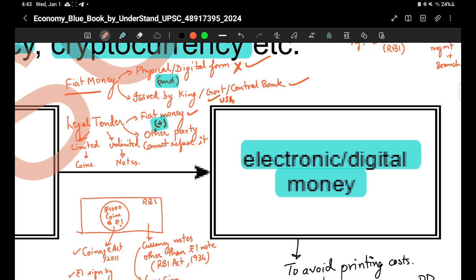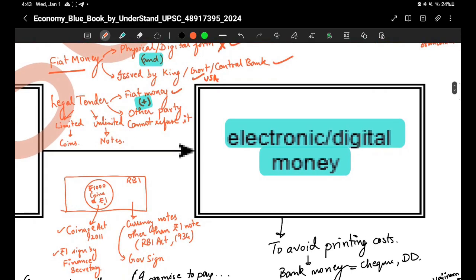But is it a legal tender? No, because the fiat money condition is satisfied, but the other party can refuse it this time because it is withdrawn from circulation. It is just demonetized. So it is not a legal tender. Okay, I hope this is clear.